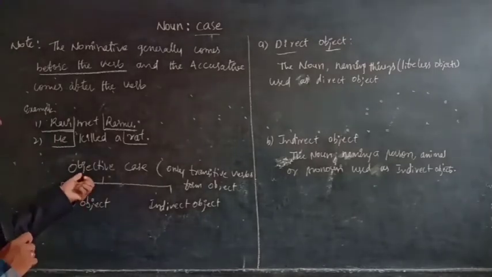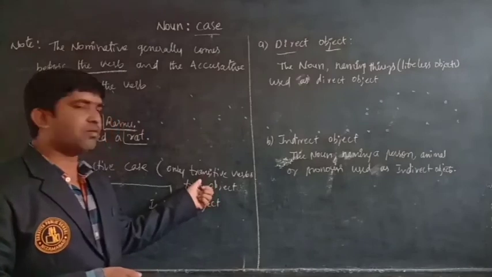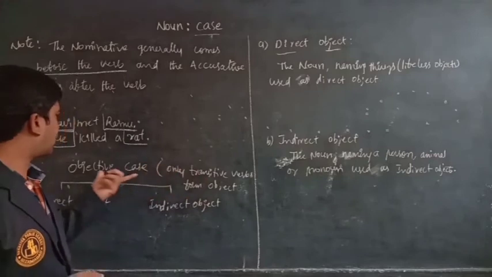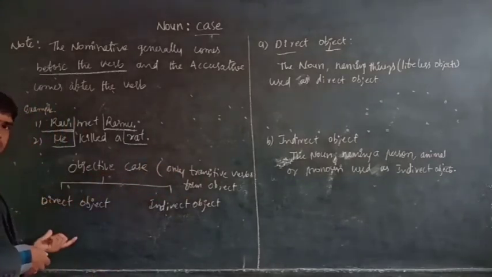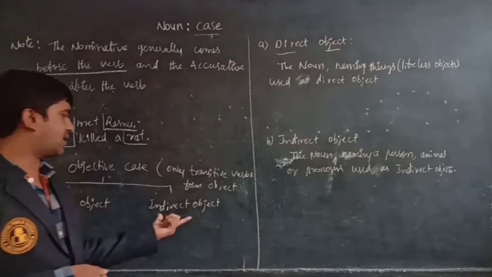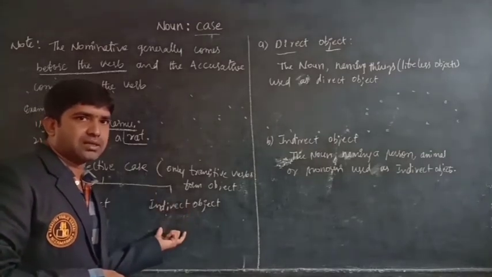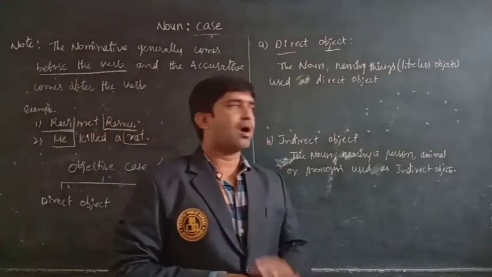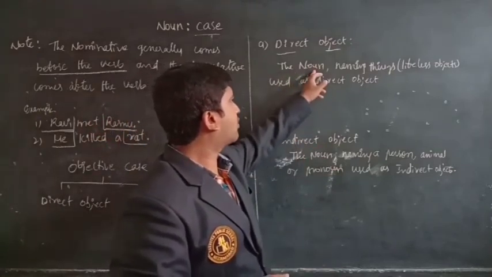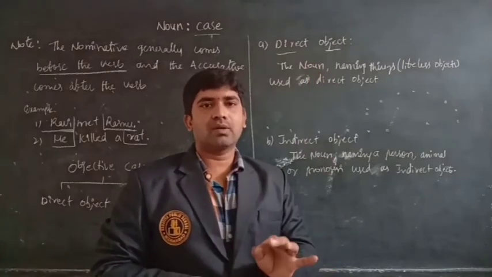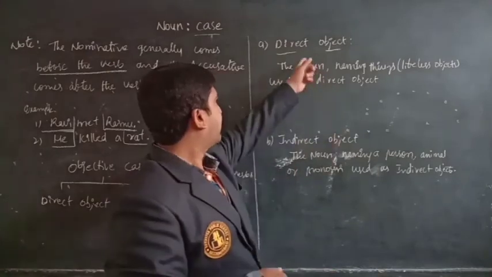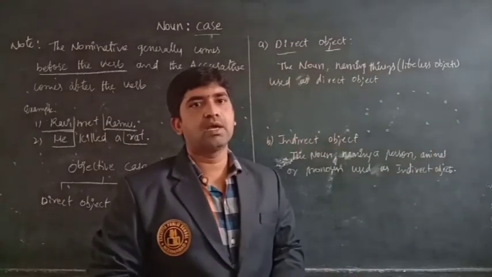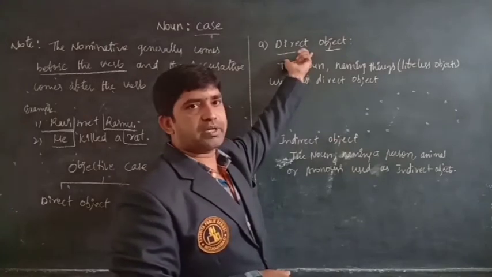The next one is the objective case. Only transitive verbs form objects. When they form objects, we have two types of object: direct object and indirect object. Let's see what is a direct object and what is an indirect object. Here we write a noun in the object place. Nouns name things, lifeless objects. We use lifeless objects as direct objects.